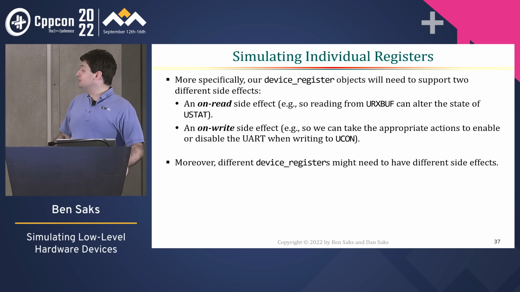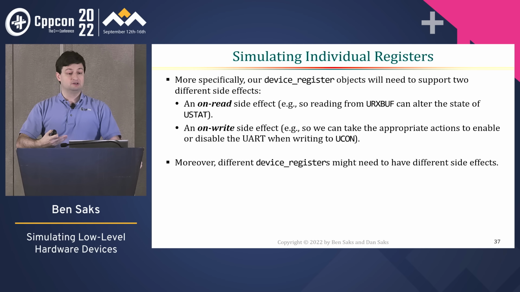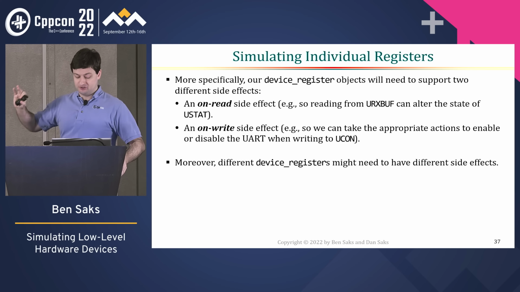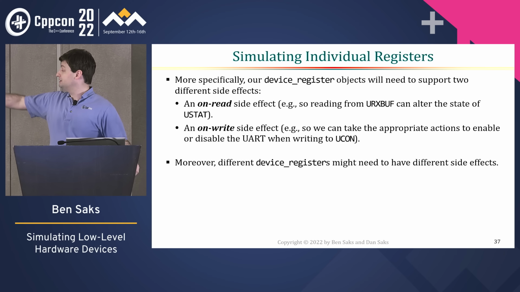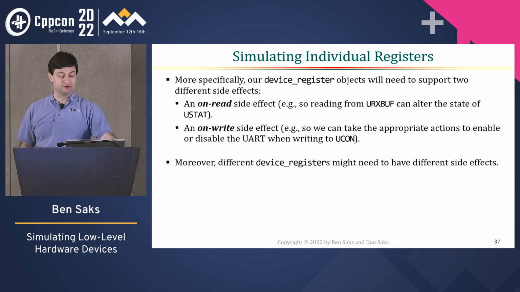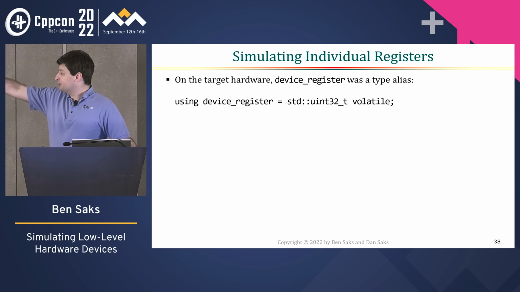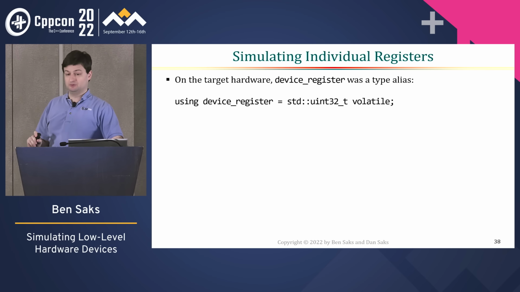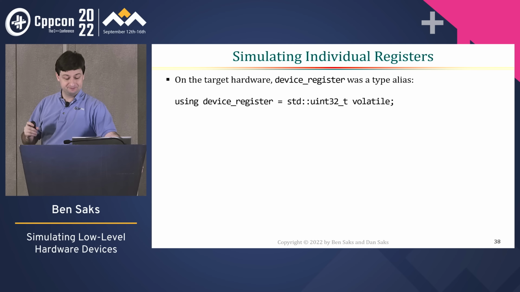And we need to keep in mind, different registers are going to have different side effects here. So we're going to need to write our simulation in such a way that different device registers can trigger different side effects. On the target hardware, device register was a type alias for uint32_t volatile.